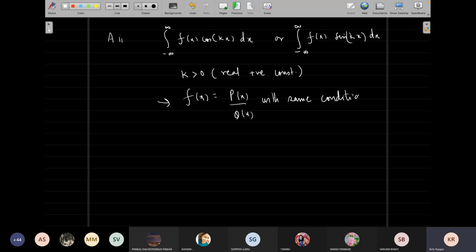So both conditions: no zeros for q(x) on the real axis, and the degree of q(x) should exceed the degree of p(x) by at least 2.